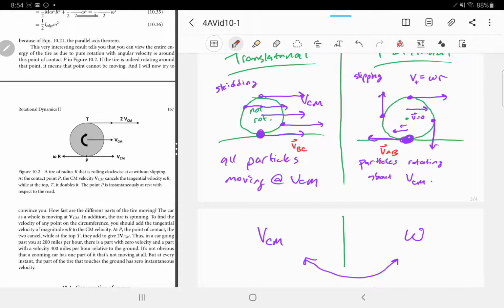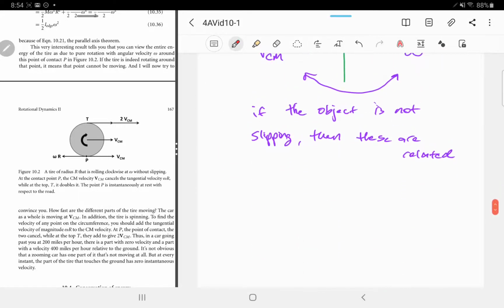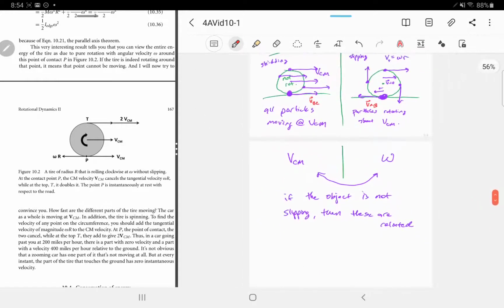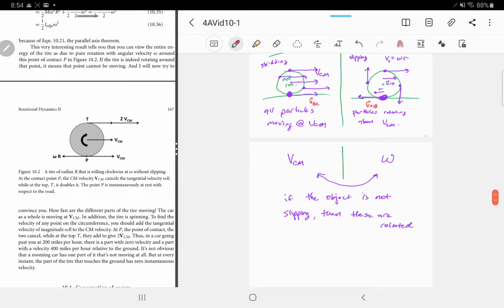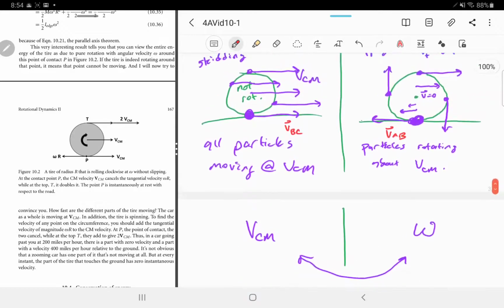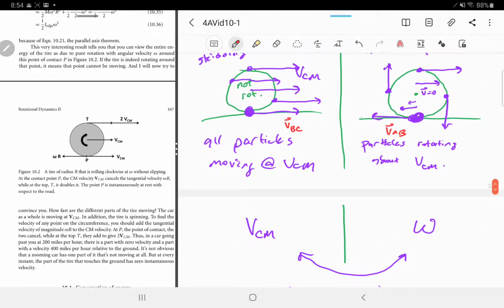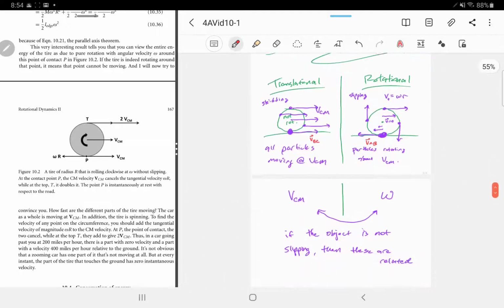So the no-slip condition says that the velocity of the point on the wheel with respect to the ground is 0. I want to be careful about writing this because VCM is non-zero. But if we were to add VBC plus VAB, it should be 0. So the magnitude of this and the magnitude of this should be the same if the wheel is not slipping on the ground.